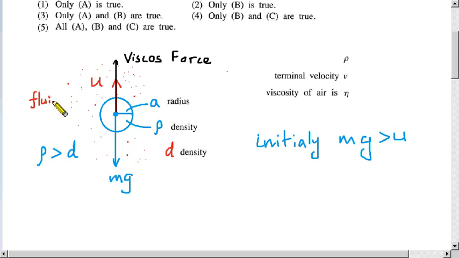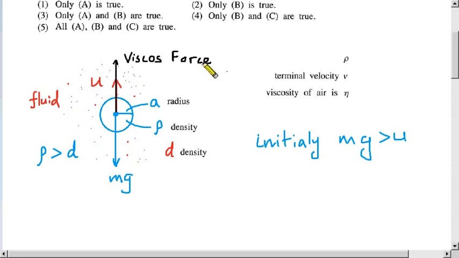Air and liquid and gases, air and water or whatever the liquid is, are named fluids. Liquid or fluid or medium, we can say.